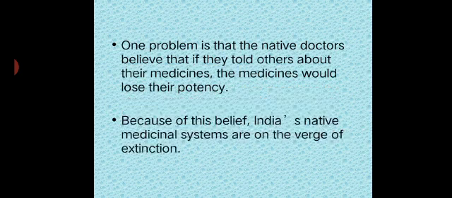That is why the author says one problem is that the native doctors believe that if they told others about their medicines, the medicines will lose their potency, their value. And because of this belief, India's native medicinal systems are on the verge of extinction. Extinction means vanishing, disappearing.